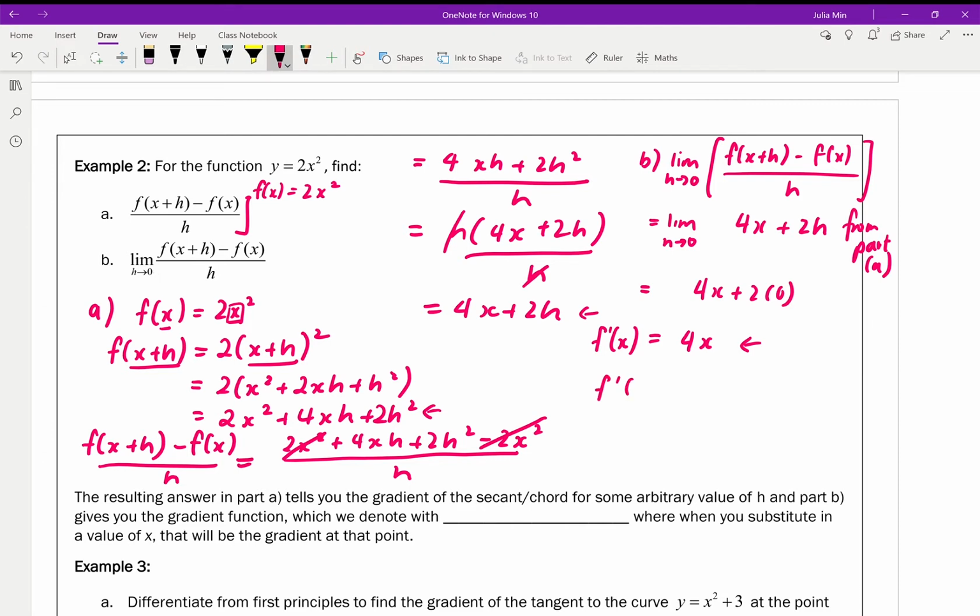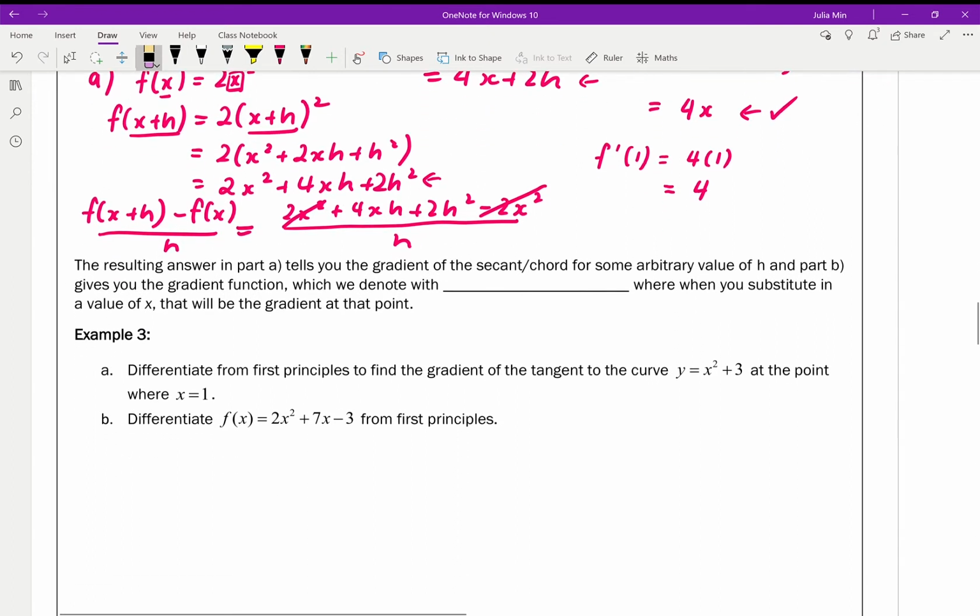So let's say I subbed in x equals 1. The gradient of the tangent at x equals 1 would be, just sub it in, 4. So the gradient at x equals 1 is 4 for this particular graph. But you would obviously stop here for the final answer, and you wouldn't write f dash x, but I'm just showing you what that would mean.